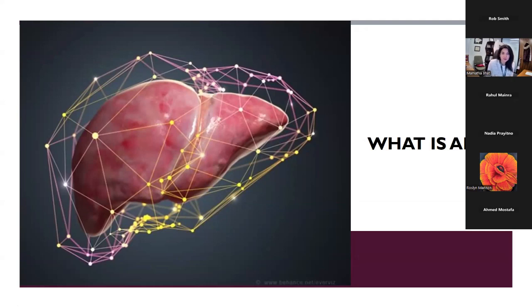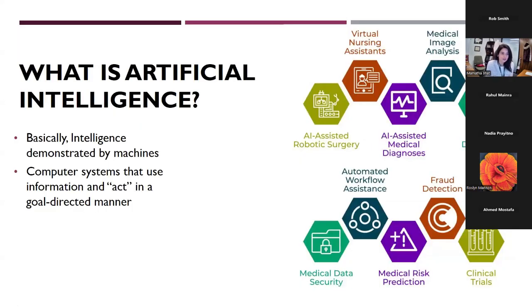So what is artificial intelligence? So artificial intelligence is basically intelligence demonstrated by machines and computer systems that use information and can act in a goal-directed manner. And so in healthcare, certainly there are applications out there.